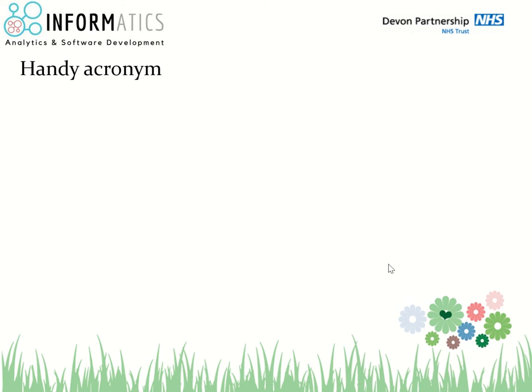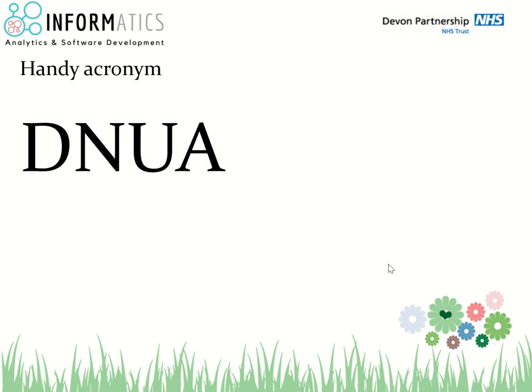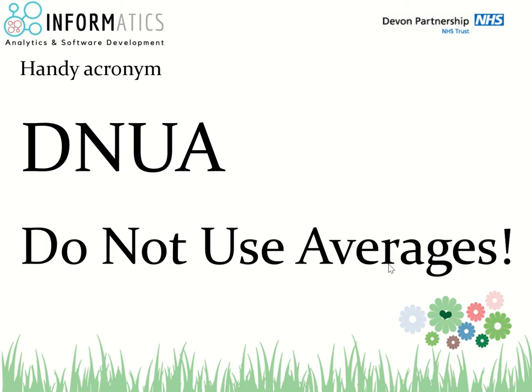So, a very handy acronym, which hopefully we can learn from this, which is the DUNWA. I think I'd probably need to work on that. Anyway, DUNWA: do not use averages. I think I've seen in my time many models worked on that very base principle of, oh, we've got an average of this coming in, therefore we need to have that many workers.